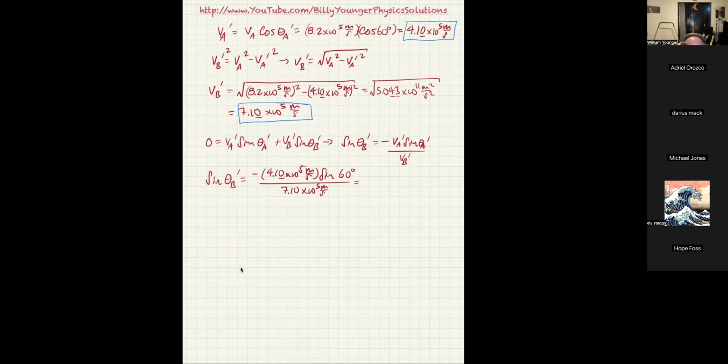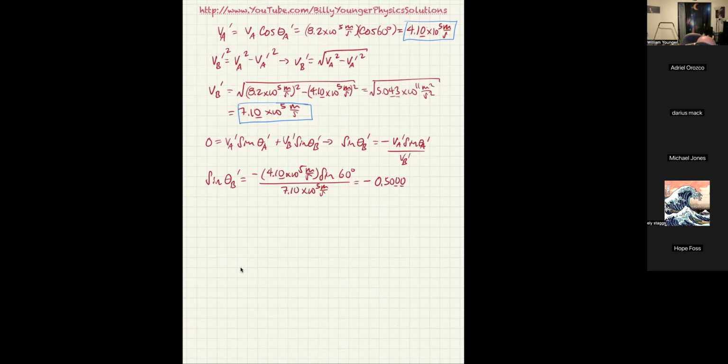So if I take 4.1 times 10 to the fifth and divide it by 7.1 times 10 to the fifth, which obviously didn't even need the 10 to the fifth there, I get 0.577. Now I'm going to multiply that by the sine of 60, and that gives me 0.5, and of course it's negative 0.5000.